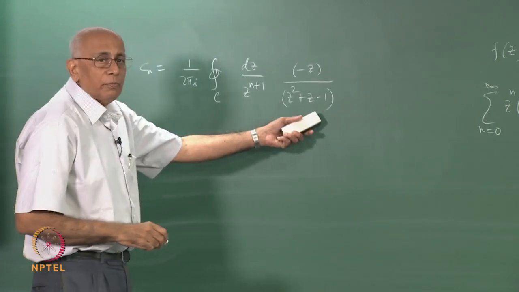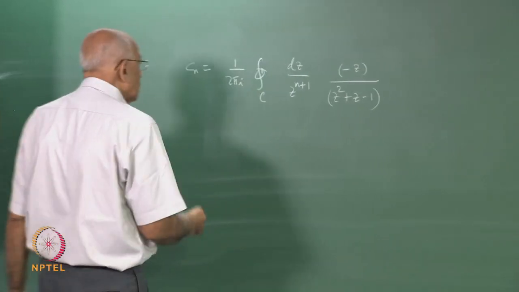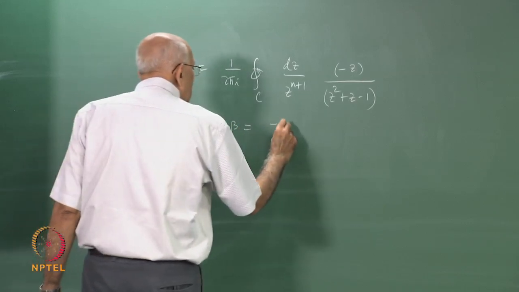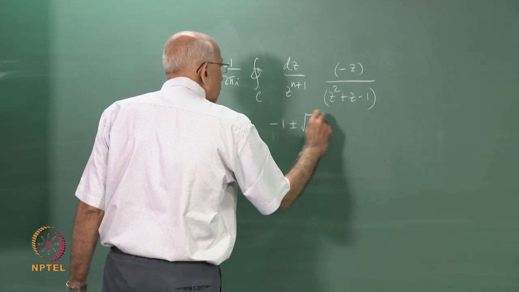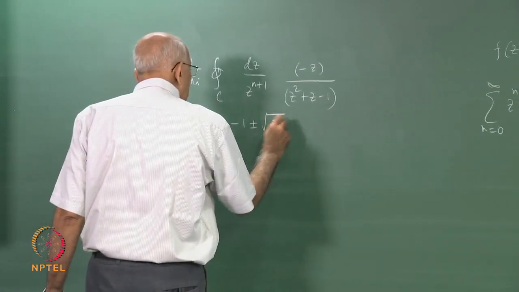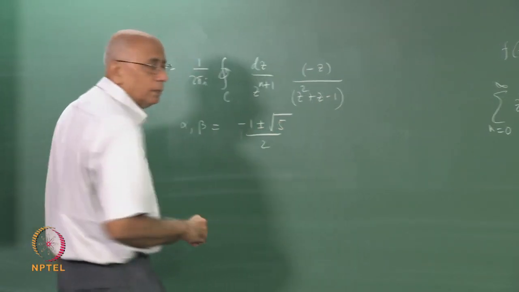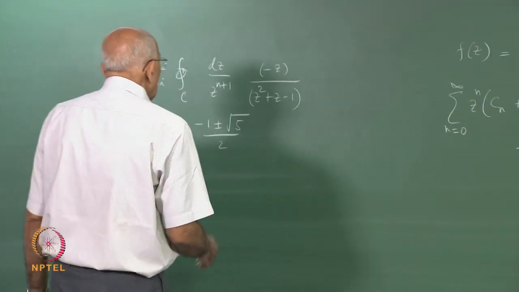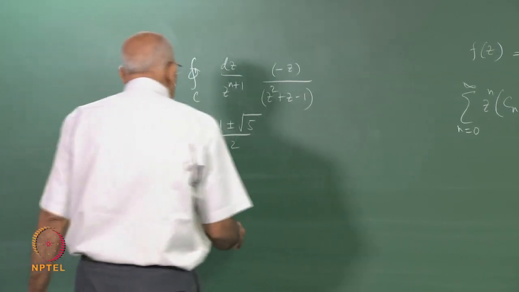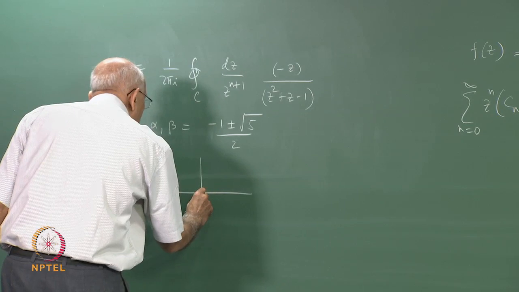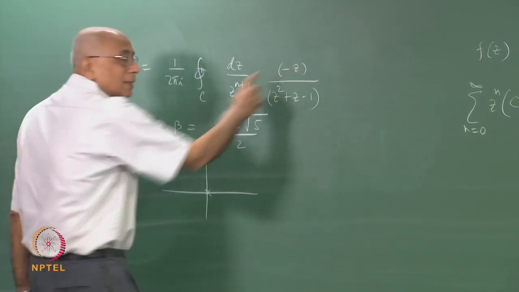And this is a quadratic function, so it has got two roots, and what are these roots? The roots are alpha, beta equal to minus 1 plus or minus square root of 1 squared plus 4 times 1, so that is, square root of 5 divided by 2. And what does this whole thing look like? Well, the integrand has an n plus 1 order pole because there is a z to the n plus 1 up there.